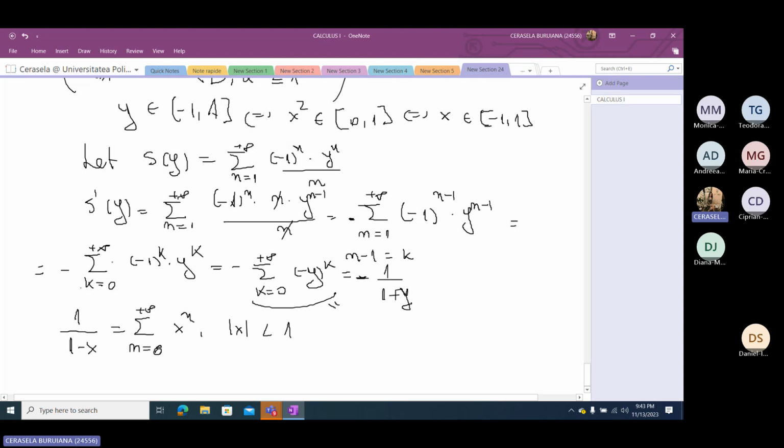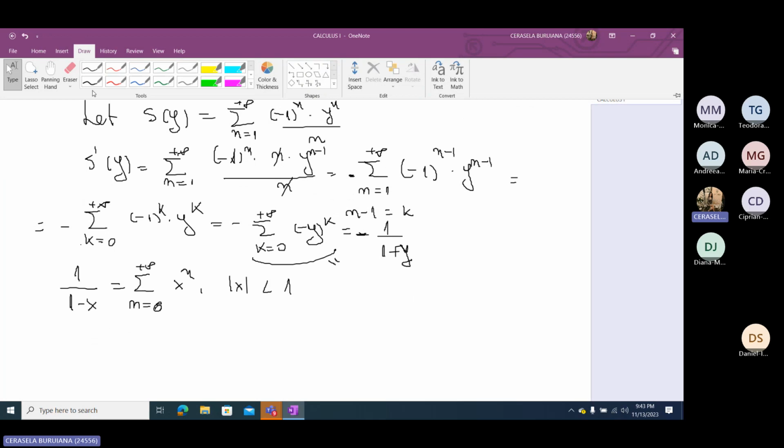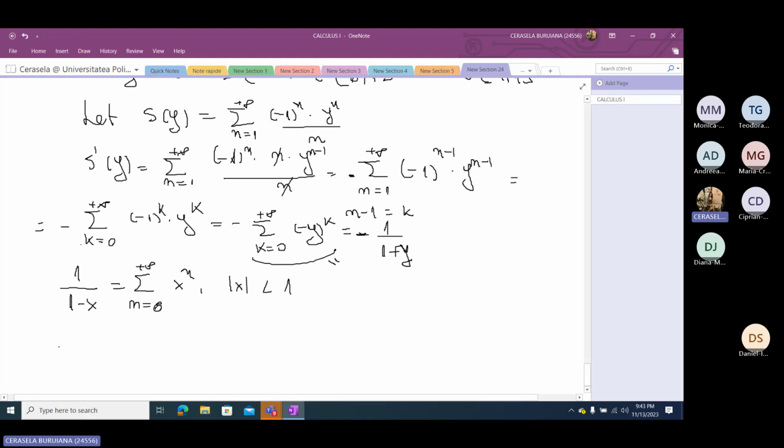And let's see what we get. I got actually the fact that S prime equals minus 1 over 1 plus y. So let's write one more time to have the result in front of our eyes: S prime is minus 1 over 1 plus y.